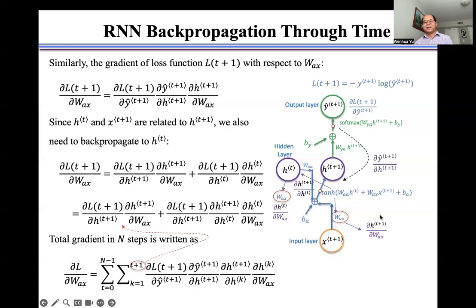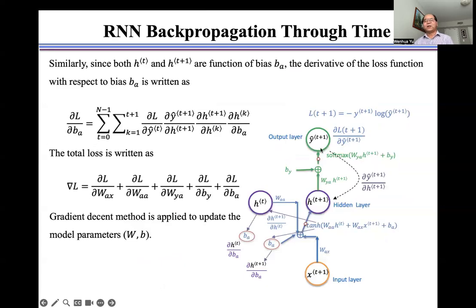One is a direct derivative, one is through this new chain rule, calculating the contribution from the WAX in the previous cell to this h t+1. And then we put them together. This t+1 is the first term, and the rest of them is the second term. So we add all the losses over the time to get the total gradient of the loss function L with respect to parameter WAX.